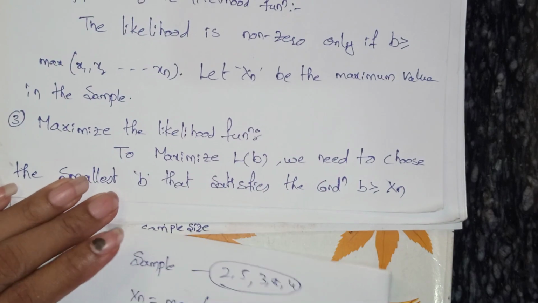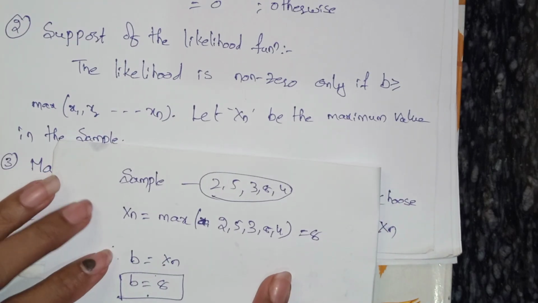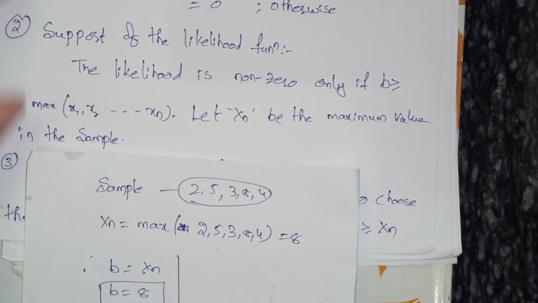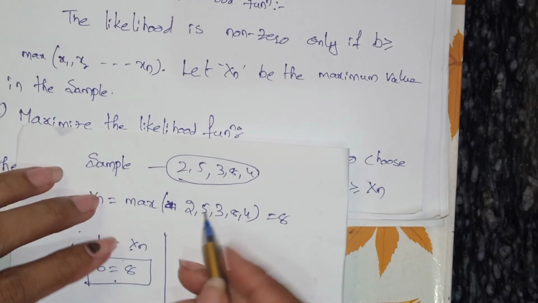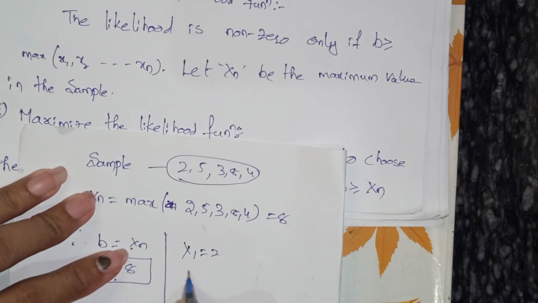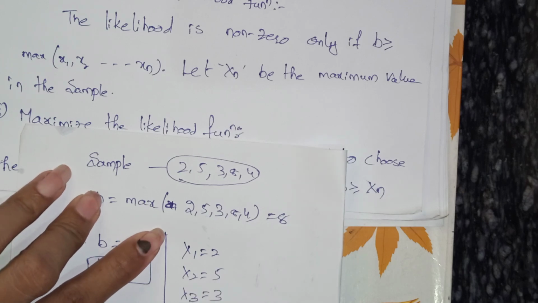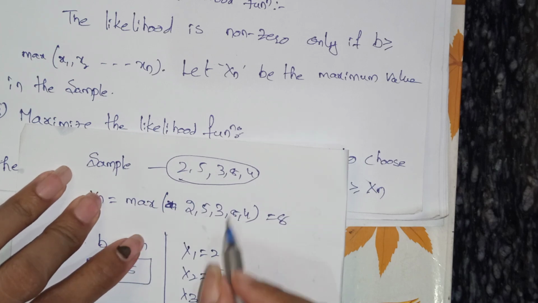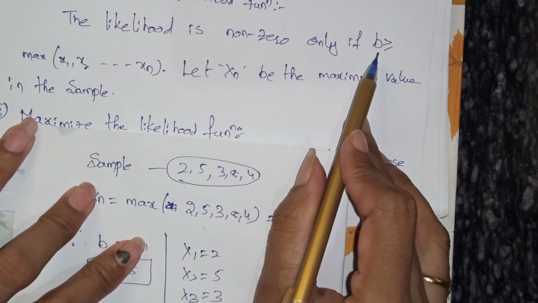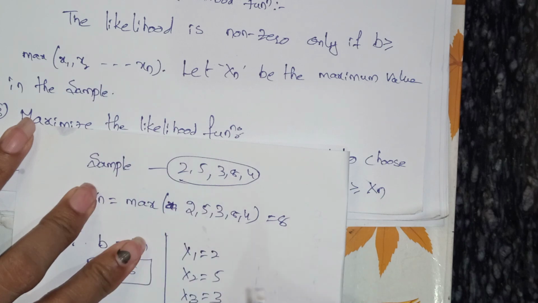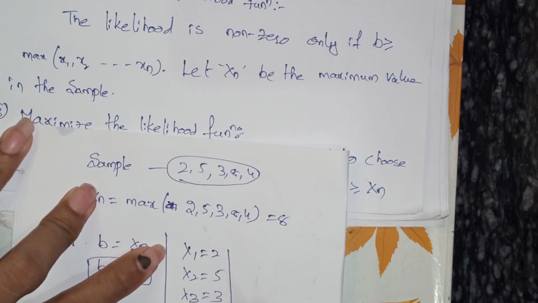How will this b greater than or equal to the maximum work? Let me explain this second step clearly. Here we have taken x1 equals 2, x2 equals 5, x3 equals 3, x4 equals 8, x5 equals 4. First I am going to compare two elements.